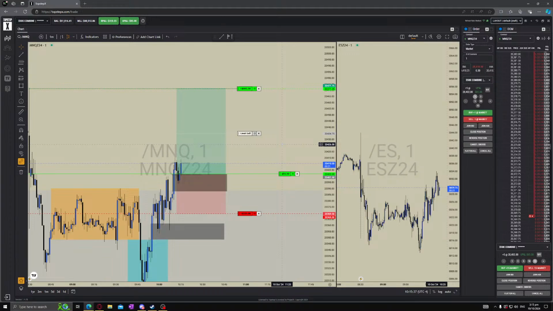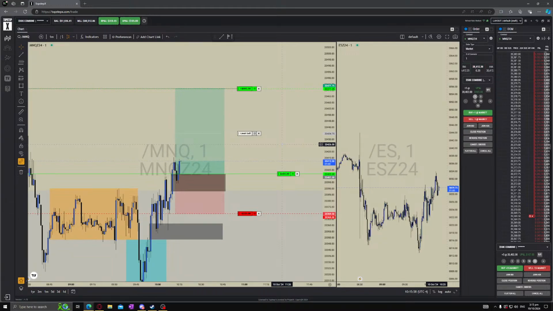How much is this stop? What is happening?